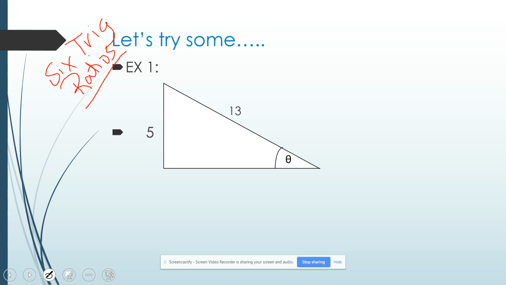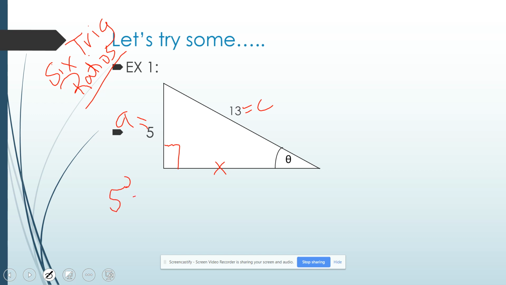And right now, I'm missing this side right here, the leg. So I'm going to make 13 C because it is opposite the right angle. And 5, I'm going to make A. Again, it doesn't matter if you pick it to be A or B.